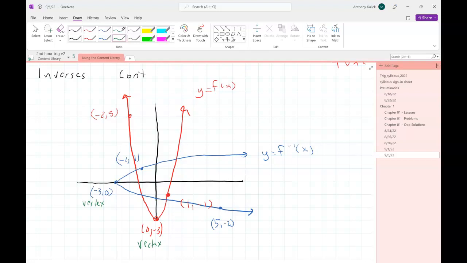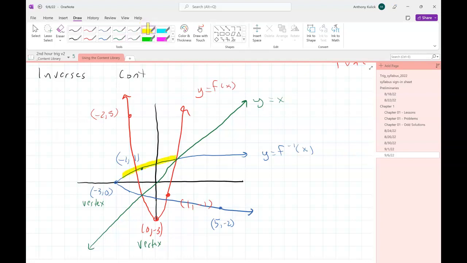Did you notice anything about the symmetry of these two functions? This is the line y equals x, and these two are reflections of each other across that line y equals x, right?